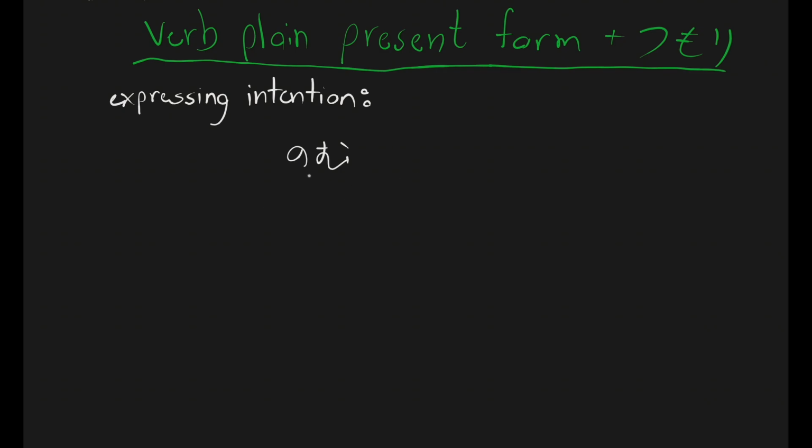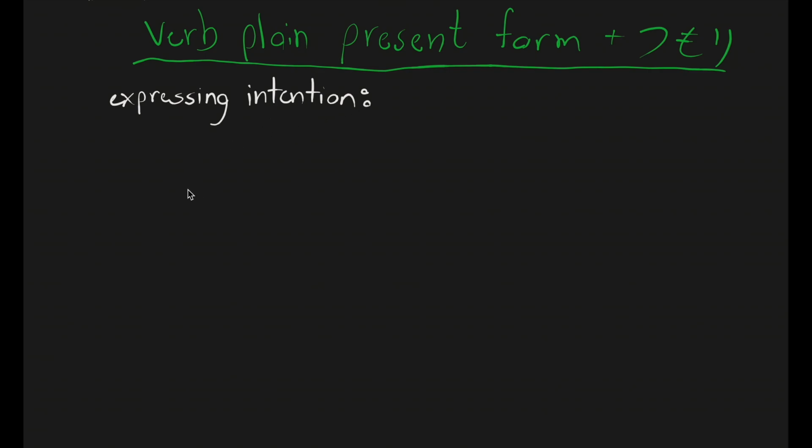And that is how you add it. The verb plain present form could also be called the dictionary form, if that rings more bells than verb plain present form. But let's actually just start with some example sentences.